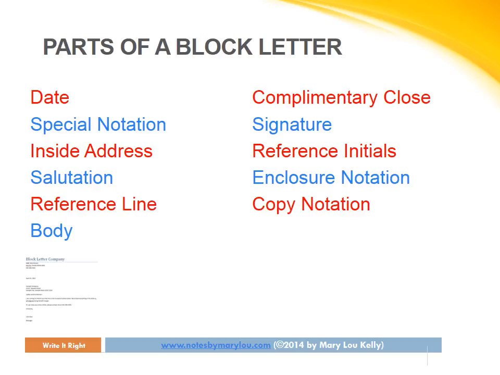However, the parts of the letter should appear in this order if they are included in the letter. The only exception is a reference line. It is acceptable to place a reference line between the inside address and the salutation. The parts that are required in a block letter are the date, the inside address, the salutation, the body, the complimentary close, and the signature line.